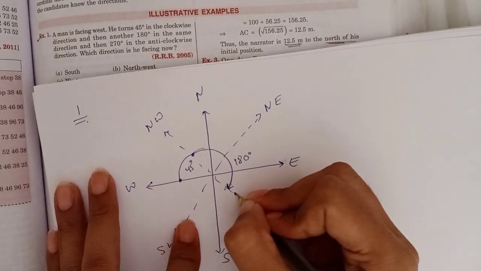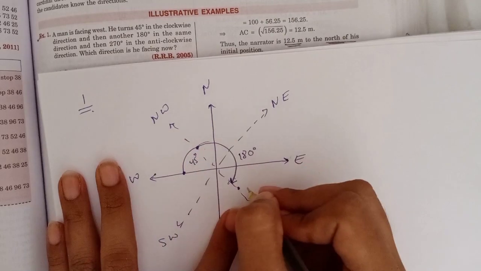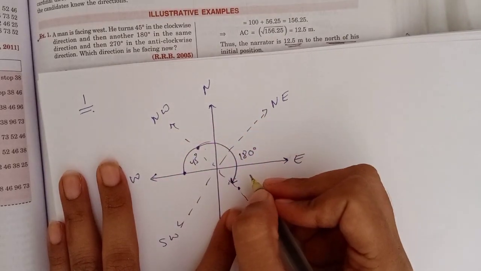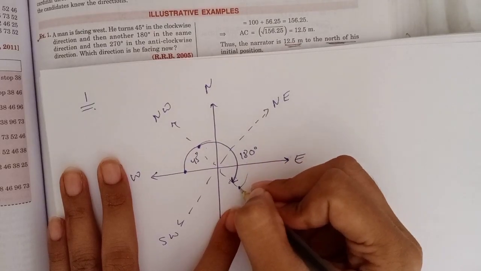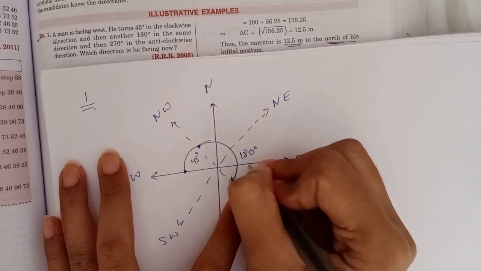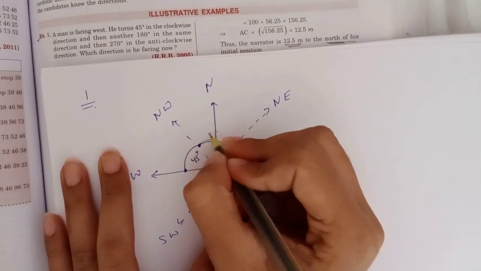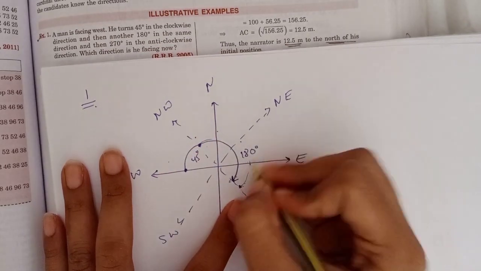From here he goes in anti-clockwise. Now he was going in normal direction, now he will go in reverse. Anti-clockwise is reverse. For how much? 270. So 45, 90, 135, 180, 225, or we can solve like this.